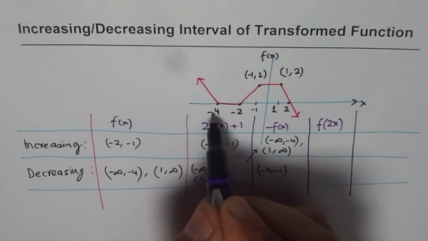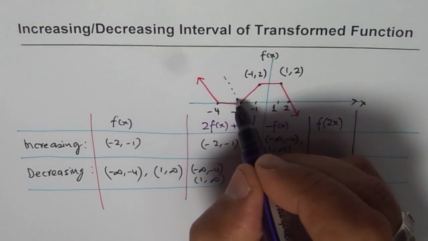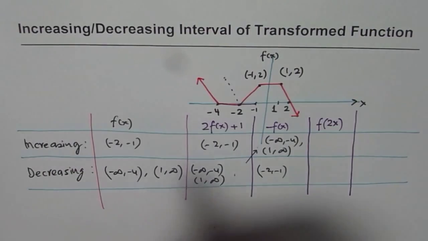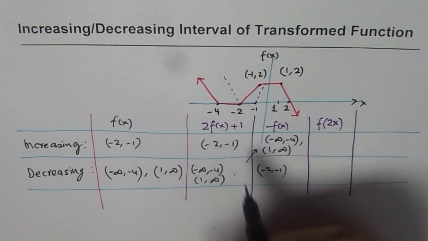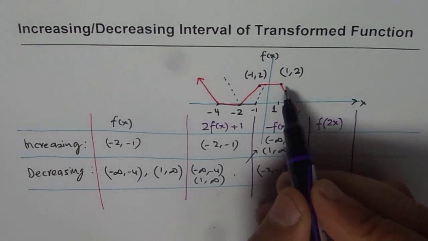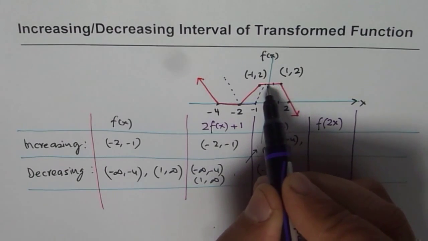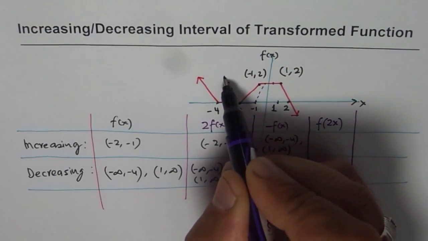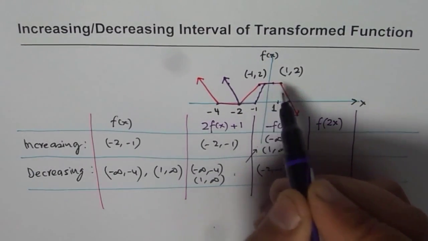So minus 4 will actually come to minus 2. So we'll have a function which will be kind of like this, right? And minus 2 will move to minus 1. Minus 1 will be halfway. Even on the right side, they will compress horizontally by a factor of half, so that will be the transformed function.